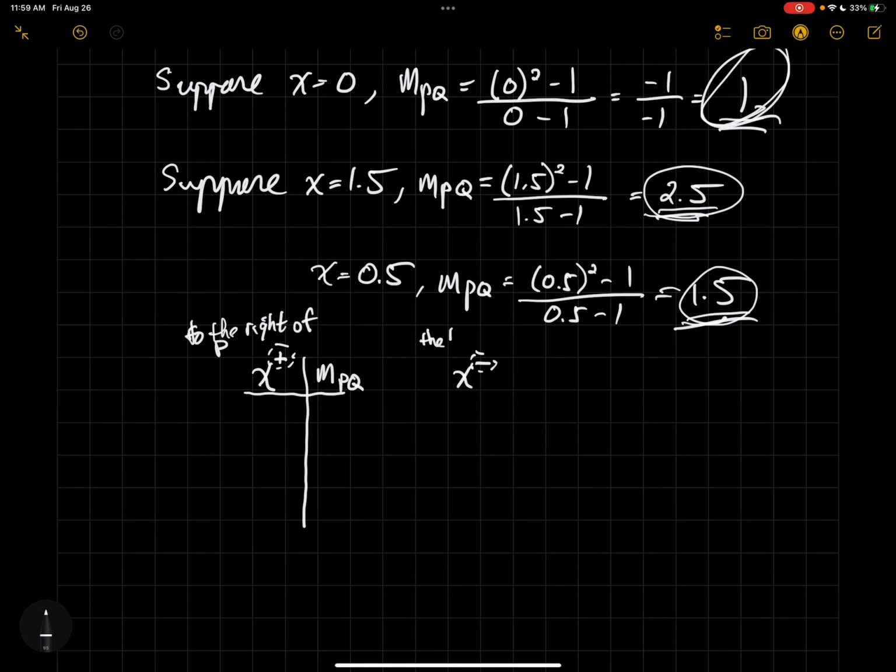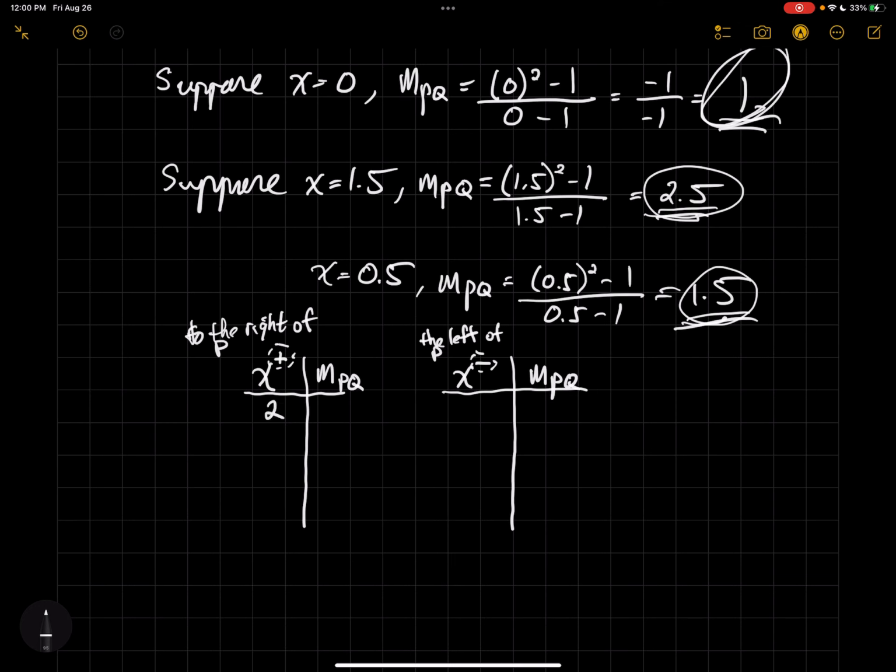And so this would be x values that are to the left of P. And I can correspondingly calculate the slope of the secant PQ when Q is at an x value to the left of P.